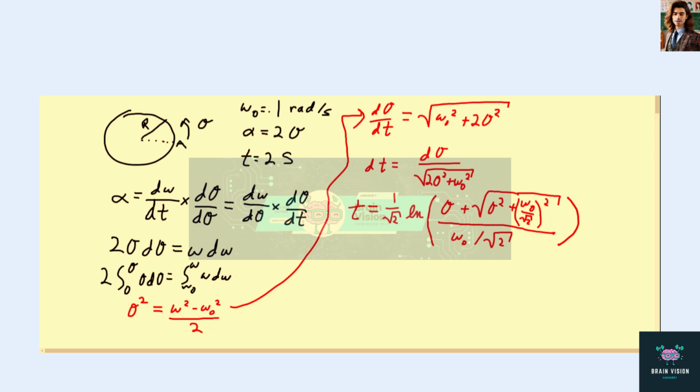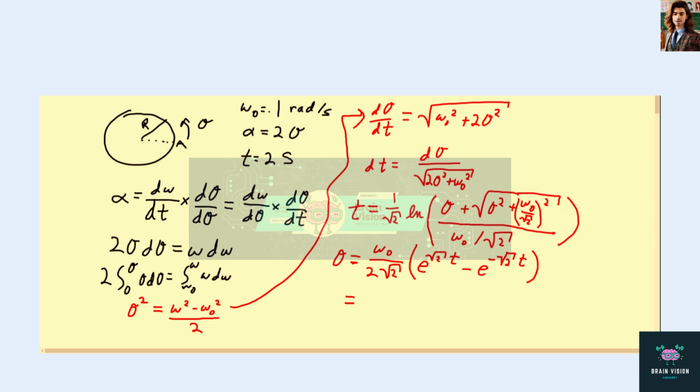We would find that we have theta equals omega naught over 2 times the square root of 2 times the exponential of the square root of 2 times t minus the exponential of negative square root of 2 times t.